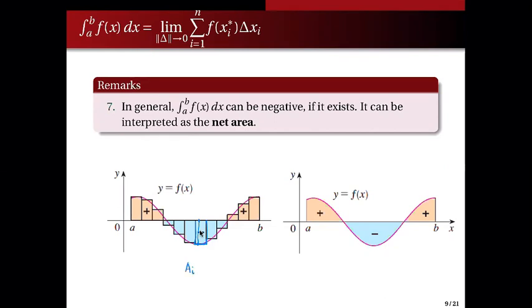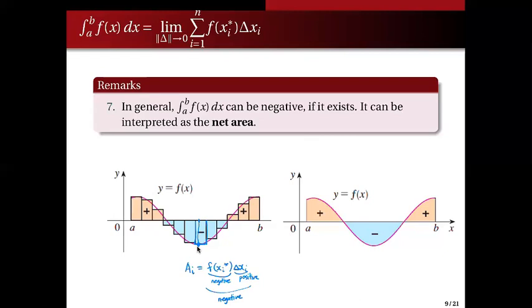You have your area, this is f of x sub i star delta x i. But your function at this point here is a negative number. So this guy here will be negative. And of course, delta x i is positive. So negative times positive will be negative.